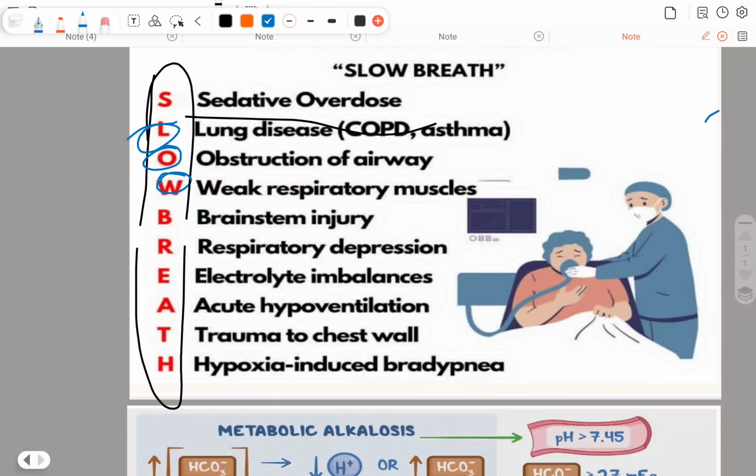Okay, our next item is respiratory depression. Respiratory depression is due to several reasons. For example, in some patients who take myorelaxants, respiratory depression may occur. The next one is electrolyte imbalance.